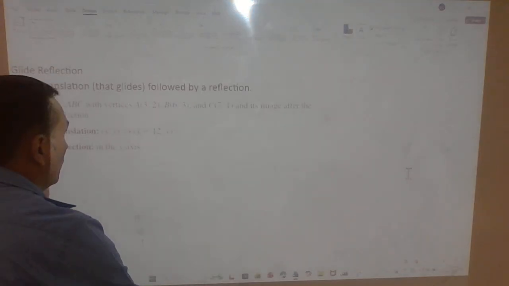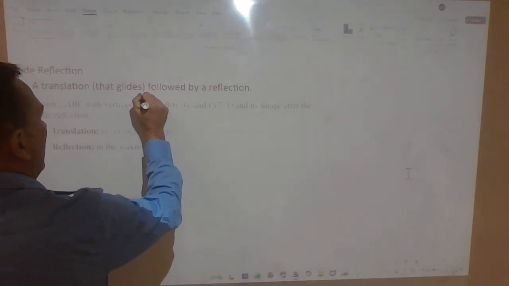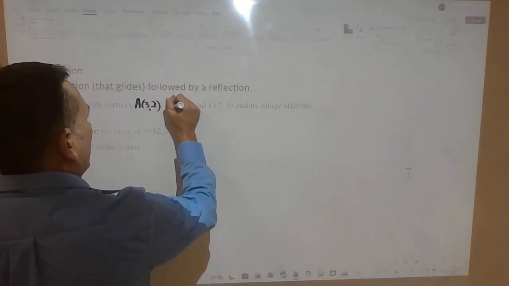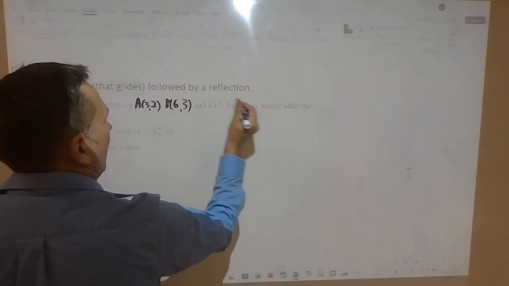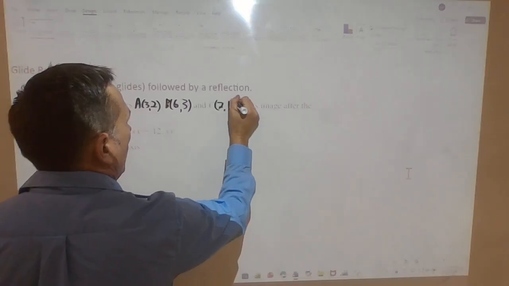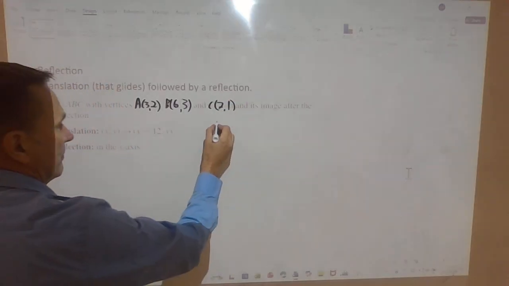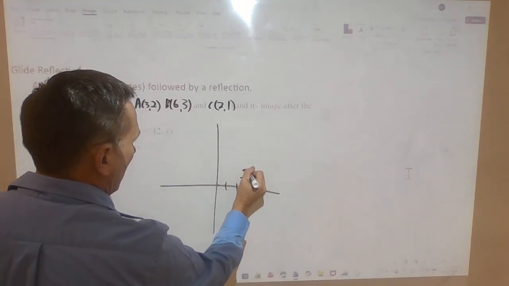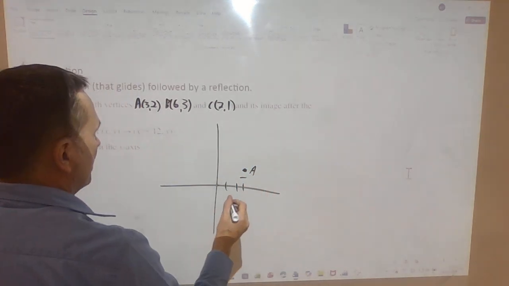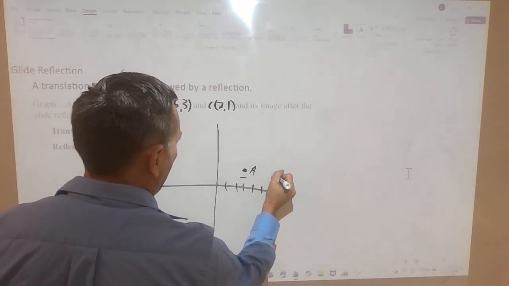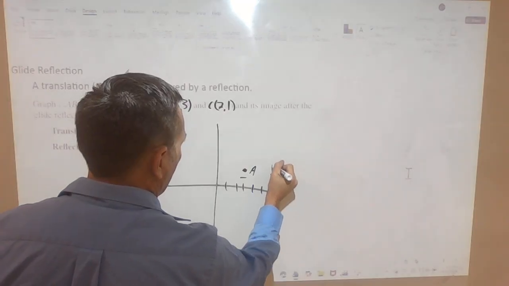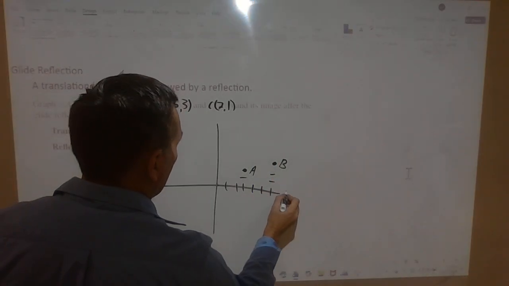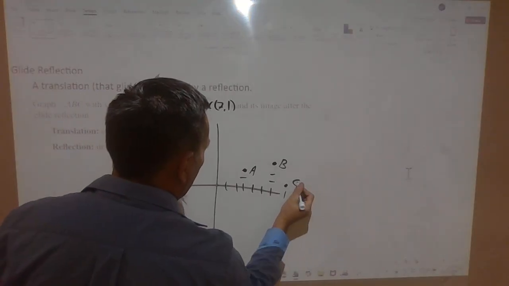So here we're starting with these vertices of (3, 2), (6, 3) for our B value, and (7, 1) for point C. There's point A. There's point B. And here's point C.